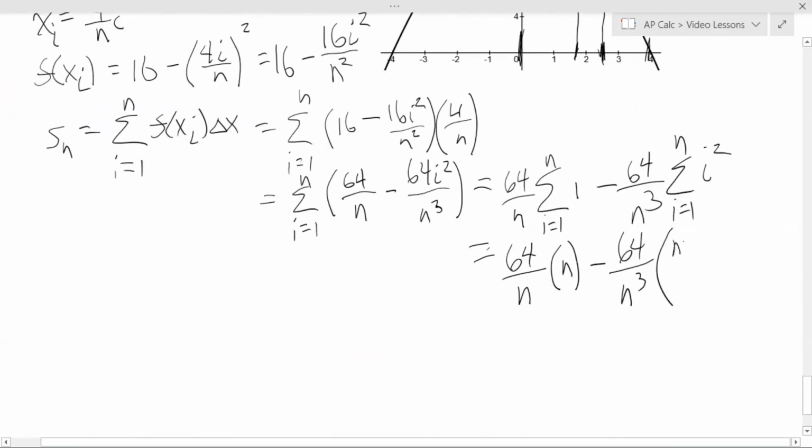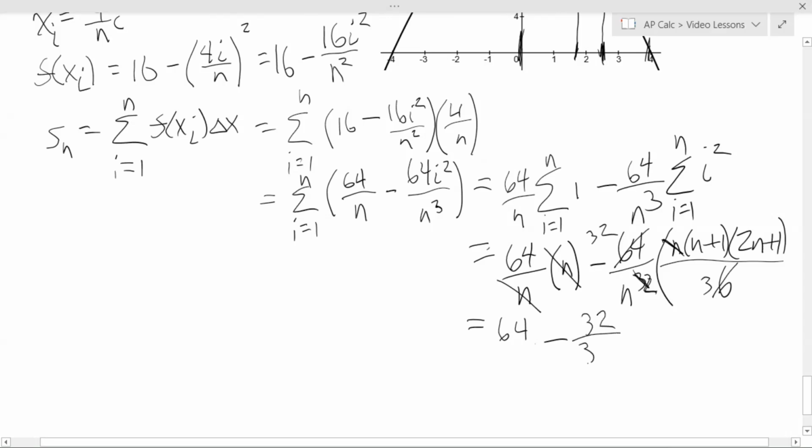Okay, so this 64 over n and the n are going to cancel. Here we could cancel a factor of n with this n cubed and make it squared. Okay, so this is going to be 64 minus the 64 here and the 6 can cancel to 32 and 3.